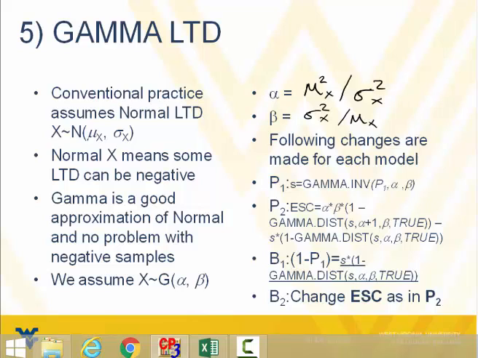Now once we have an alpha and beta parameter, it's relatively simple to just make the modifications of what P1 is, P2 is, B1 and B2 is, using just the simple functions that are built into Excel.